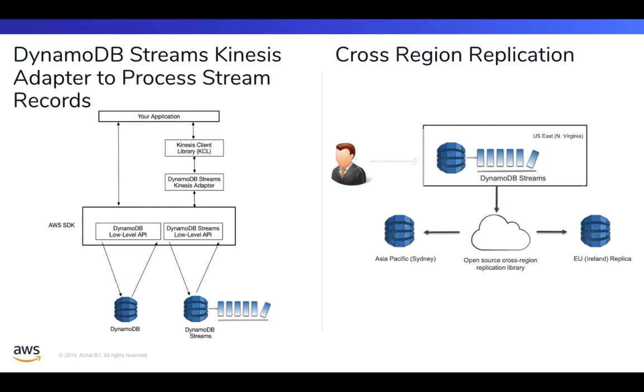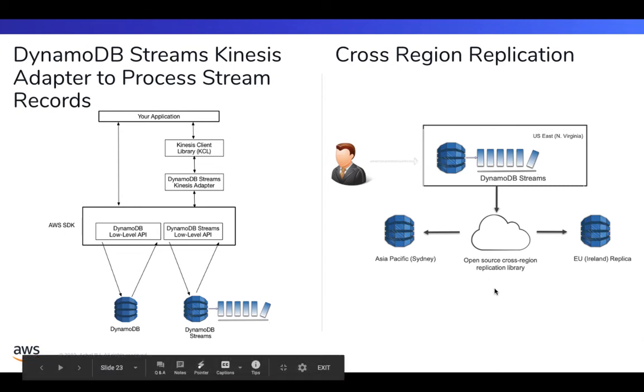So you could use the streams to copy the changes that have happened within the table, and you could use it for disaster recovery, or if you are trying to cater to a different set of users in a different location or region, then you could use this cross-region replication.